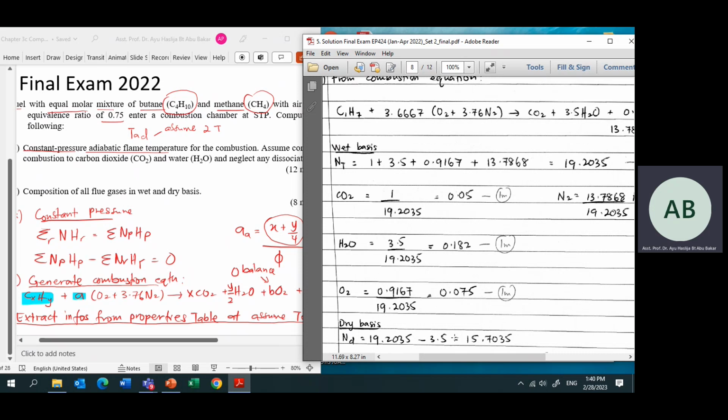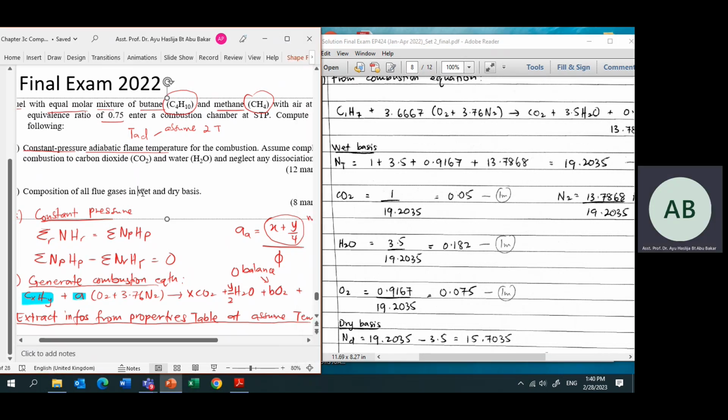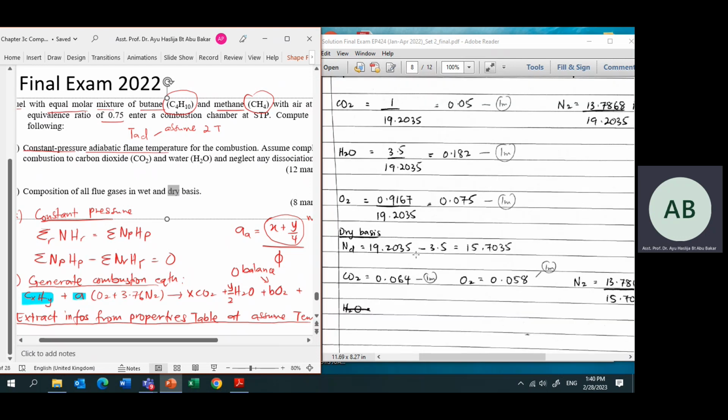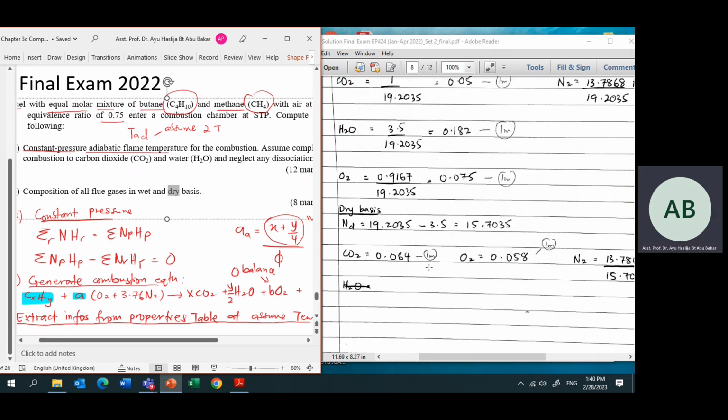Okay, any questions so far? In this question, it asks you to find out in wet and dry basis. Wet basis, total up all the flue gases, inclusive of the H2O. For dry basis, exclude the H2O from the total.